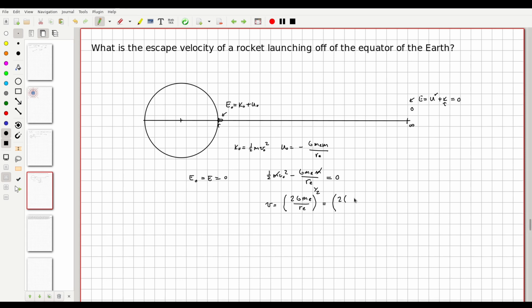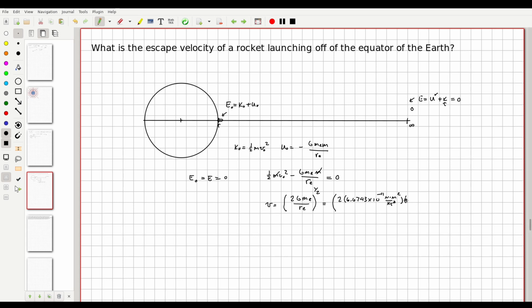If you remember, G was, let me get my sheet here with all this data on it. G is 6.67430 times 10 to the minus 11th Newton meters squared per kilogram squared.